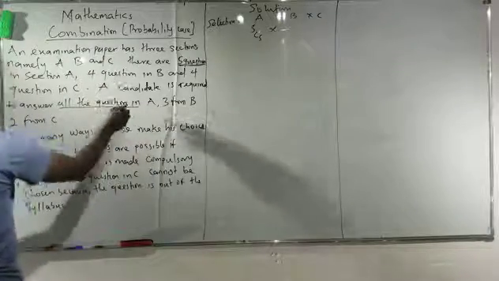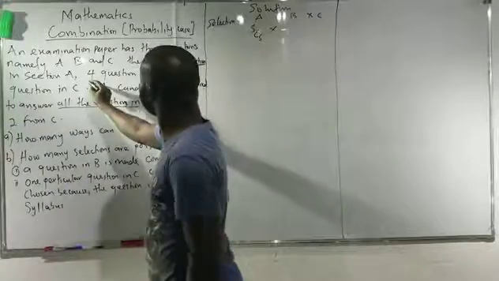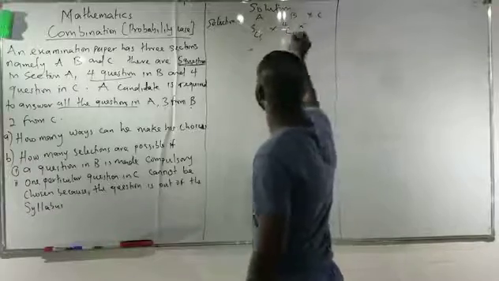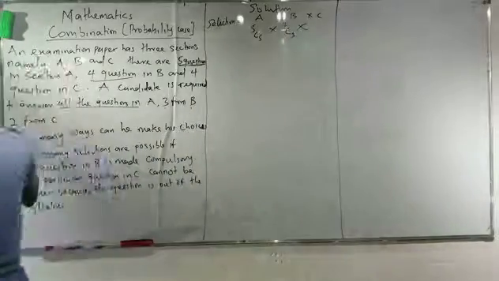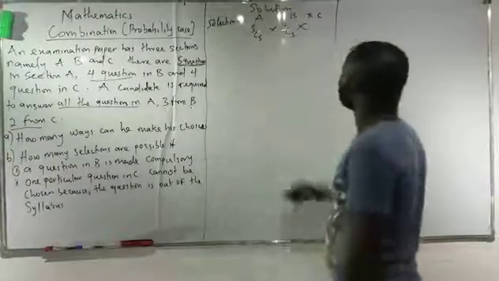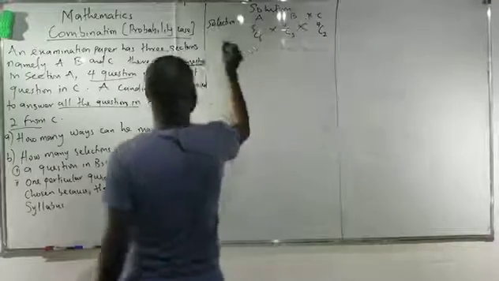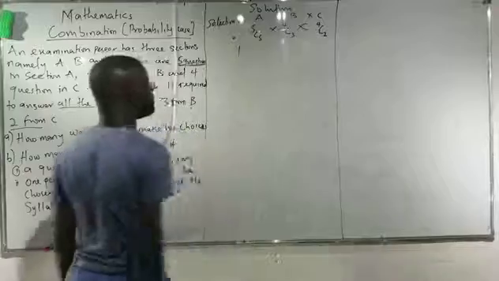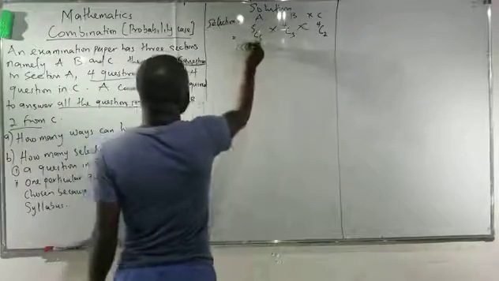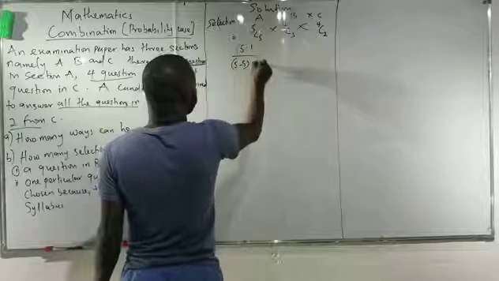Okay, all in A. 3 from B. How many number of B are we talking about? B is 4. It means 4 combined with 3 multiplied by 2 from C. How many on C? We have 4. 4 combined 2. Now, mathematically, you can solve this one. This one will definitely be 1, it will be 5 factorial over 5 minus 5 factorial and 5 factorial.